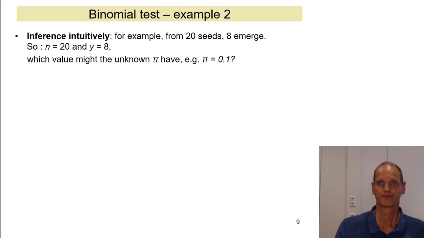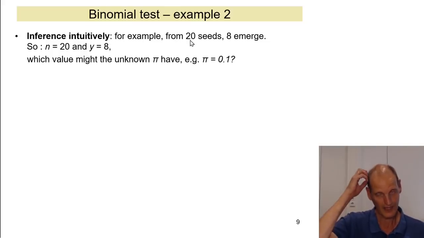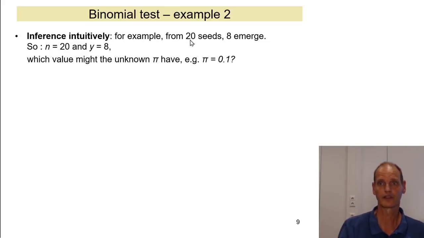Example 2. We will now use the emergence data on 20 seeds, and we suppose we have 20 seeds and 8 emerged. So n is 20 and y is 8. And now we wonder, what could pi be?